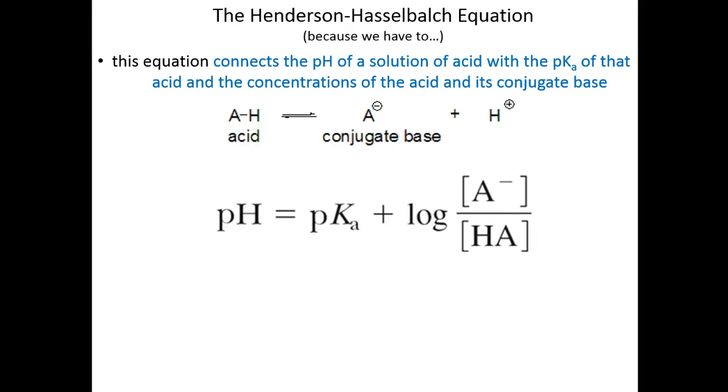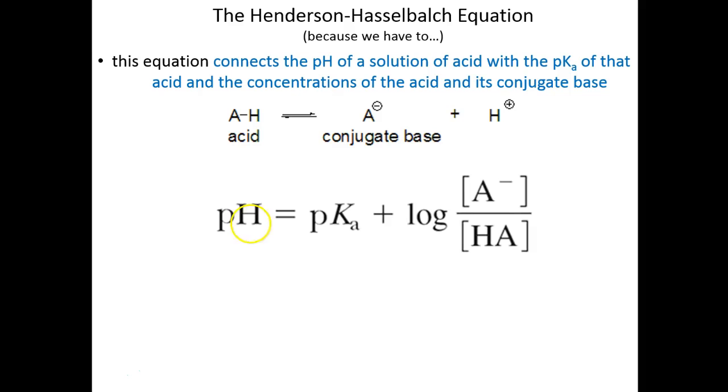It states the pH of any solution at any one time will always be equal to that molecule's pKa plus the log value of the proportion of conjugate base divided by intact acid. In other words, whatever conjugate base is present in that solution divided by the acid that's still there, take the log of that proportion, add it to that molecule's pKa, and that's the pH of the solution you're in at that moment.